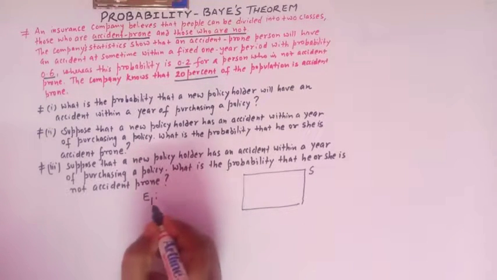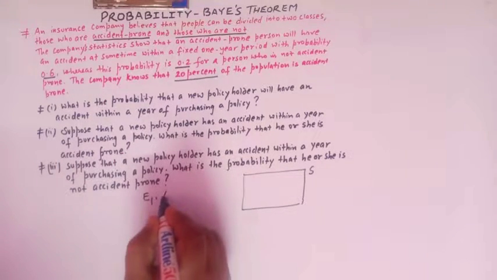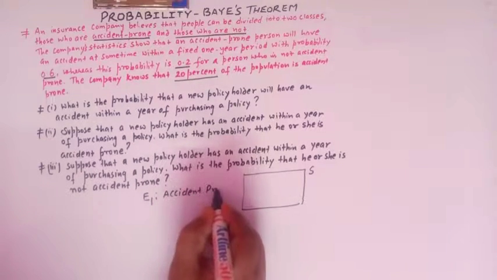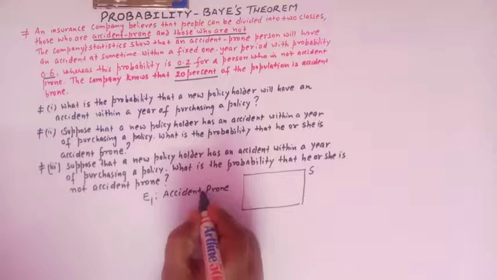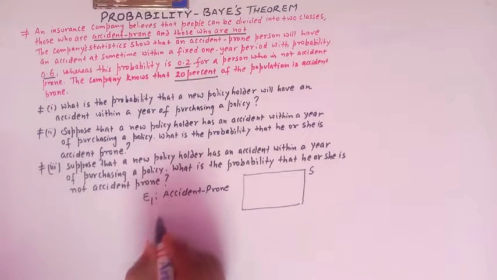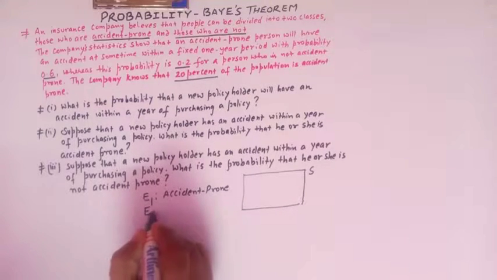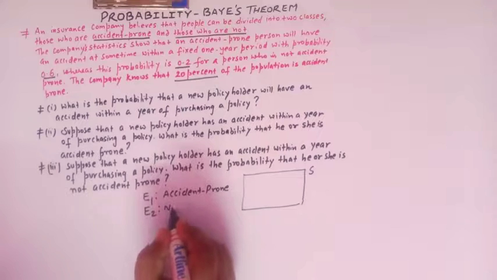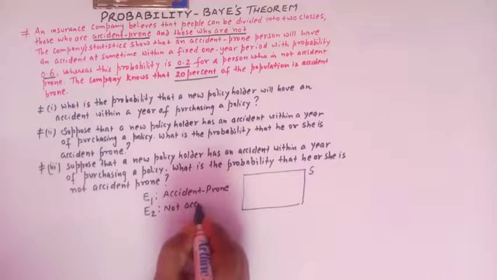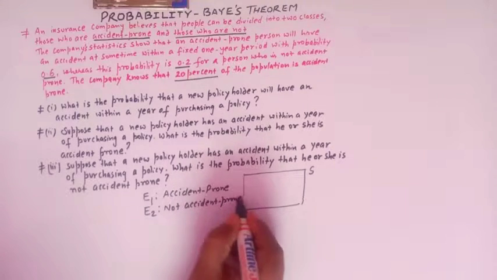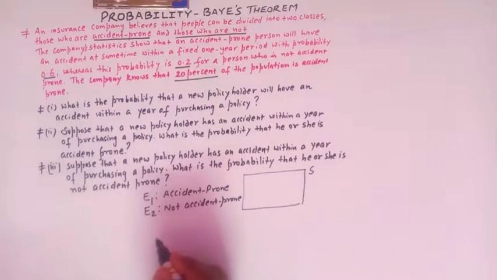The event E1 represents the people who are accident prone, and E2 is the people who are not accident prone. So we have defined here two events, E1 and E2.